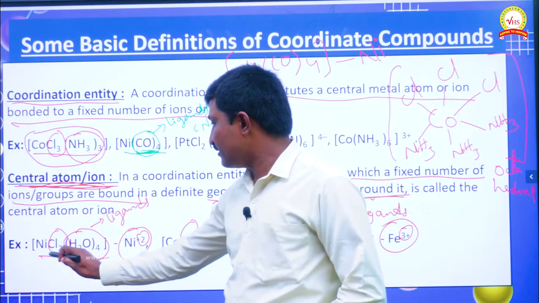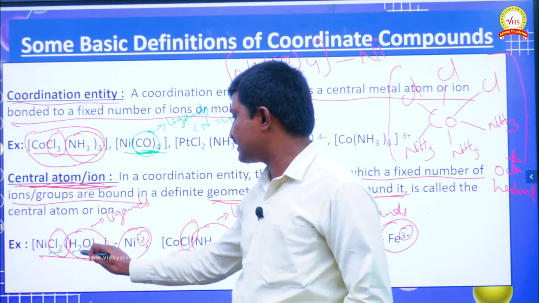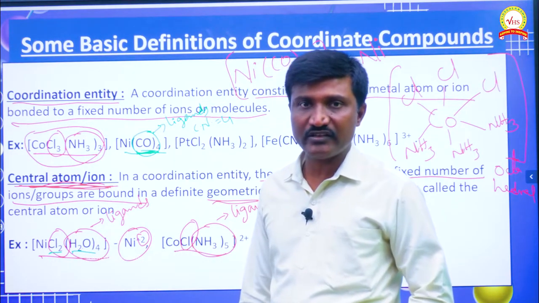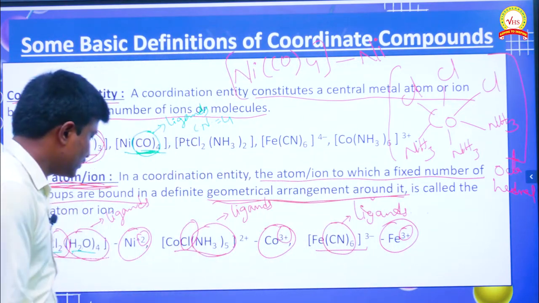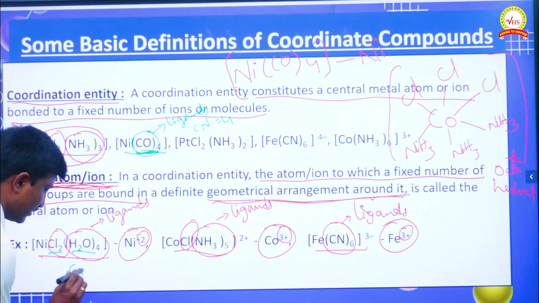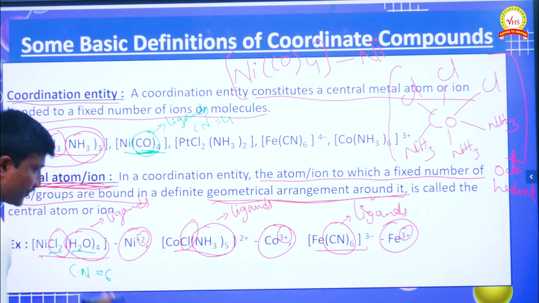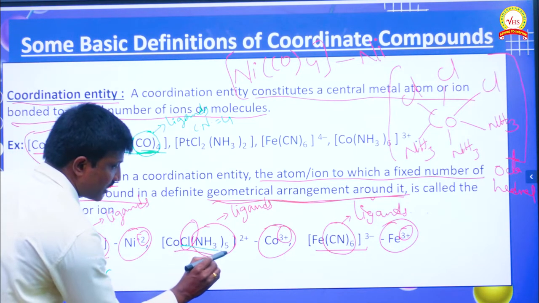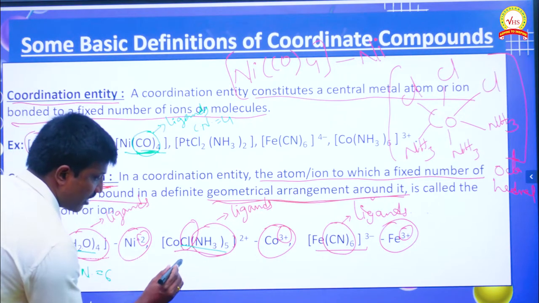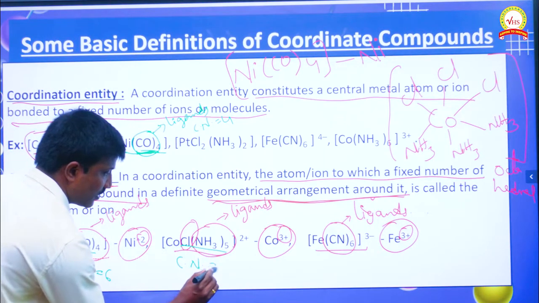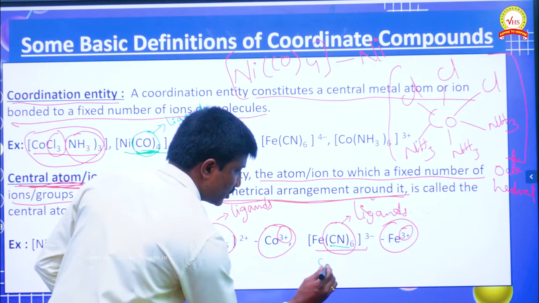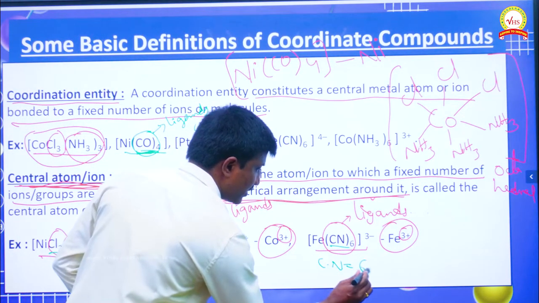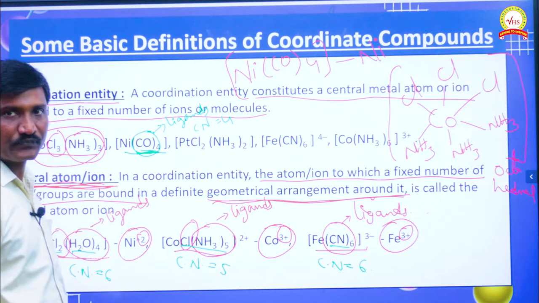Now here 2 chlorines and 4 water molecules bind with cobalt, so the coordination number is 6. Here, 1 chlorine and 5 ammonias bind, so the coordination number is 6. In this, 6 cyanides bind, so the coordination number is 6.